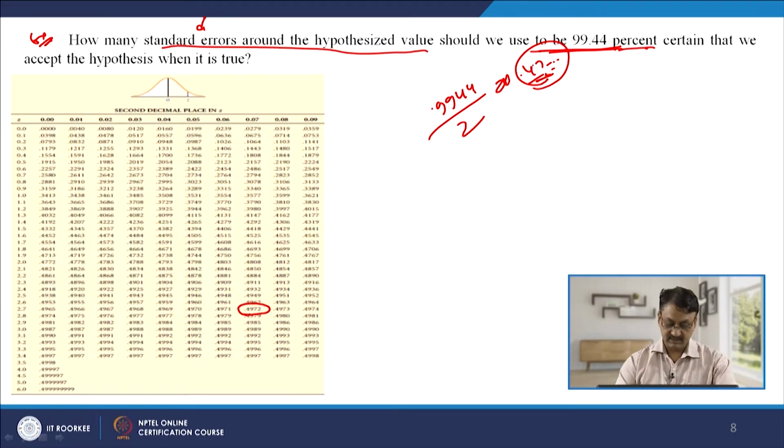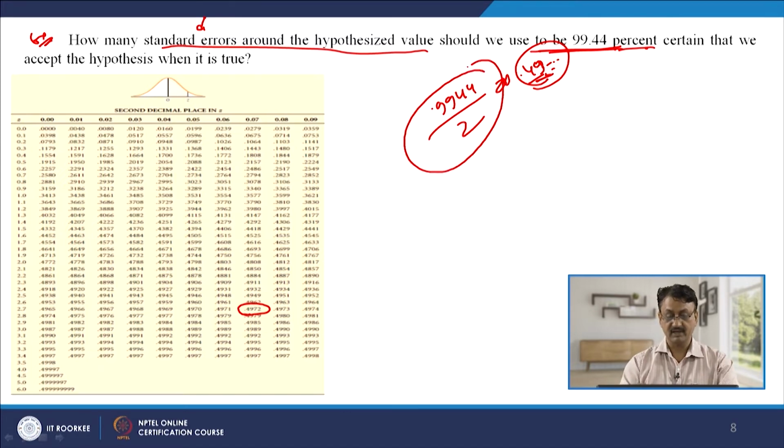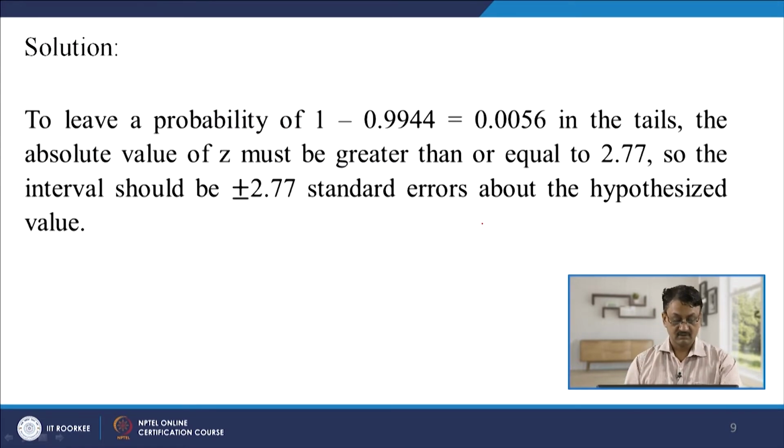When you divide 0.9944 by 2, you will get 0.497, and the Z value is 2.77. So, the interval should be this many standard errors about the hypothesized value.